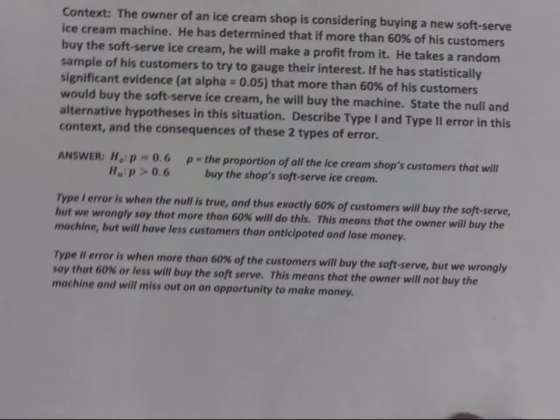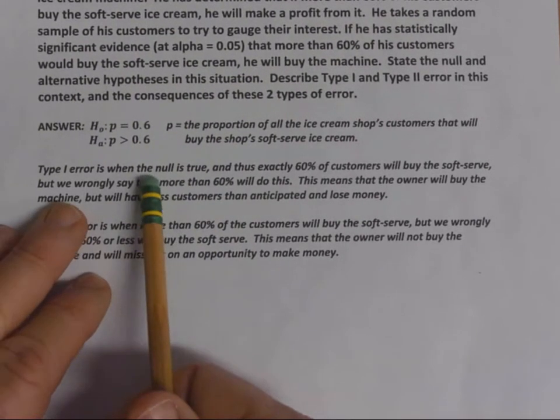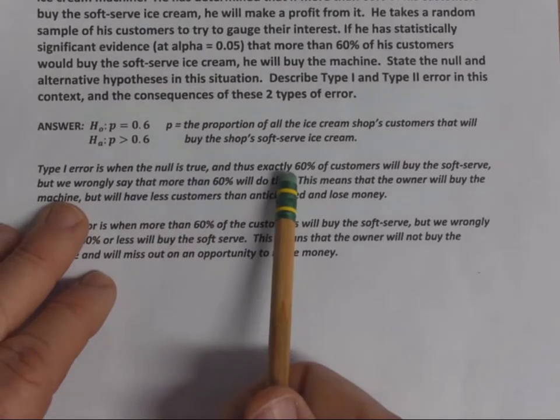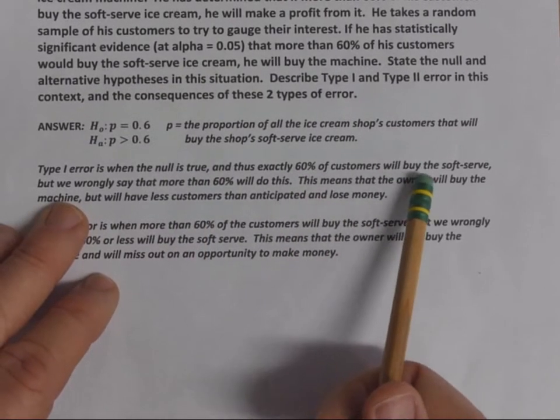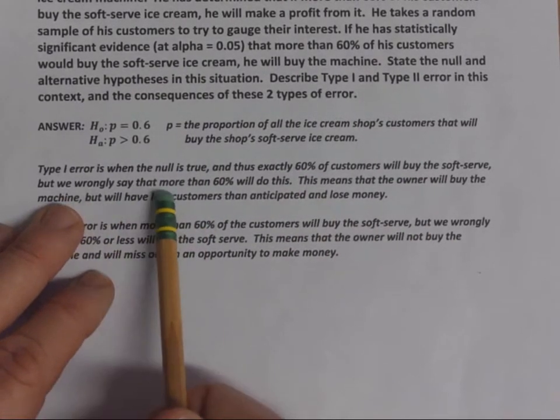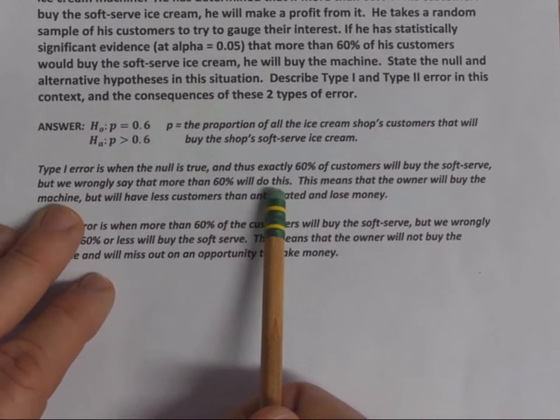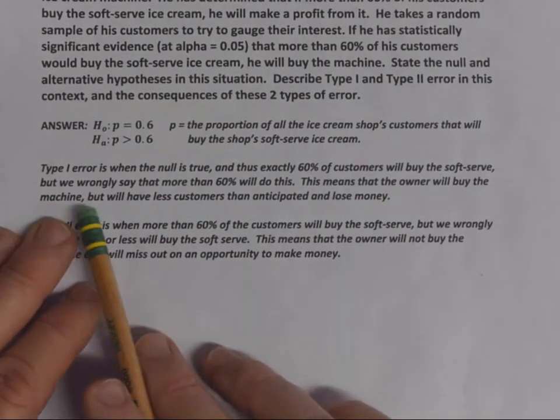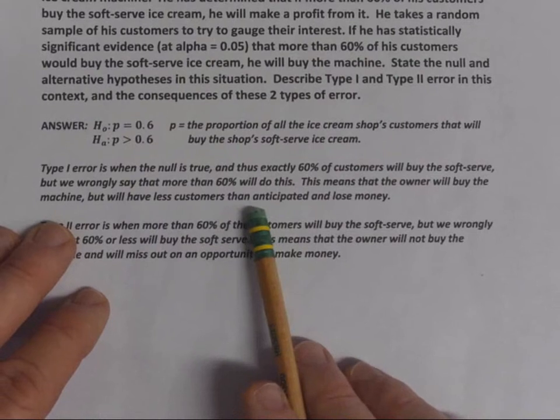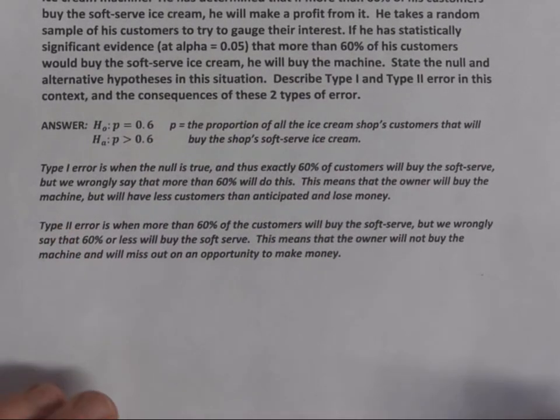So the conclusion is this. Type 1 error is when the null is true. Thus, exactly 60% of the customers will buy soft serve ice cream, but I say that more than 60% will. This means that the owner will buy the machine, but will have fewer customers than anticipated, and he'll lose money.